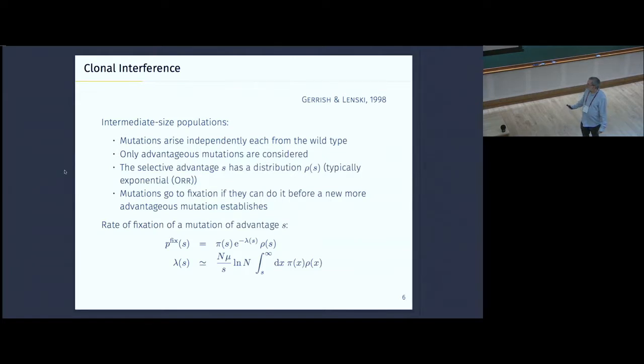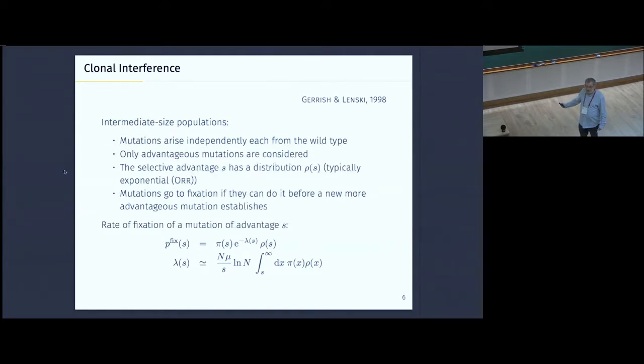And then there is this integral. This integral tells you, well, we are looking only at better variants, so we have to integrate from s to infinity. This rho is the probability that the mutant which arises, it arises with the rate n mu, is better than s, this rho x.